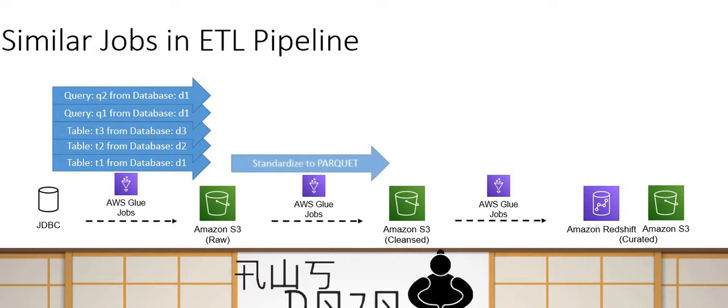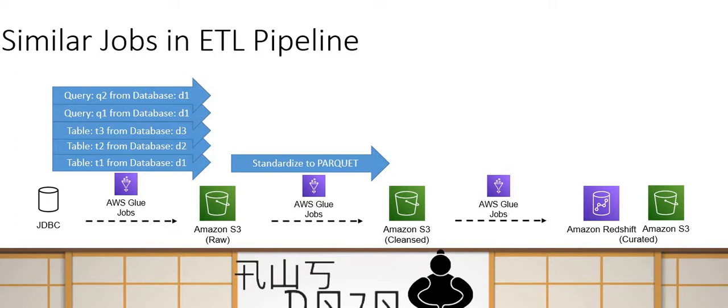Similarly, there could be many cleansing jobs. When you're moving data from raw to clean state, there could be many cleansing jobs which are similar. For instance, for each job, some people try to standardize their format to Parquet to improve the performance and also improve on the cost. So you might want to convert every data type to Parquet.